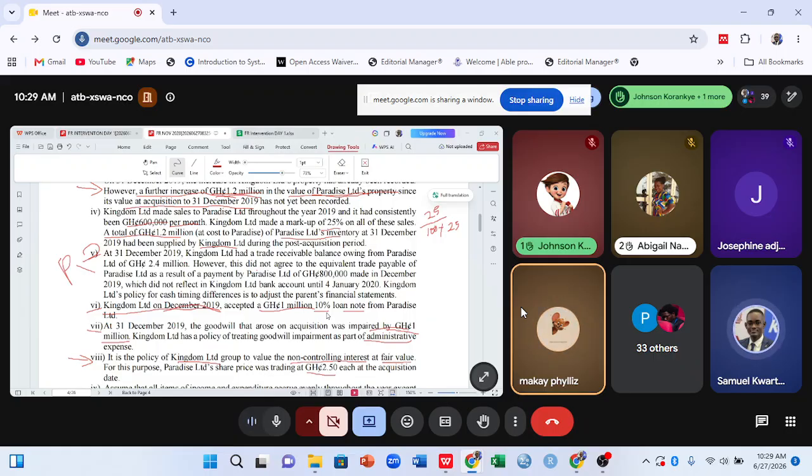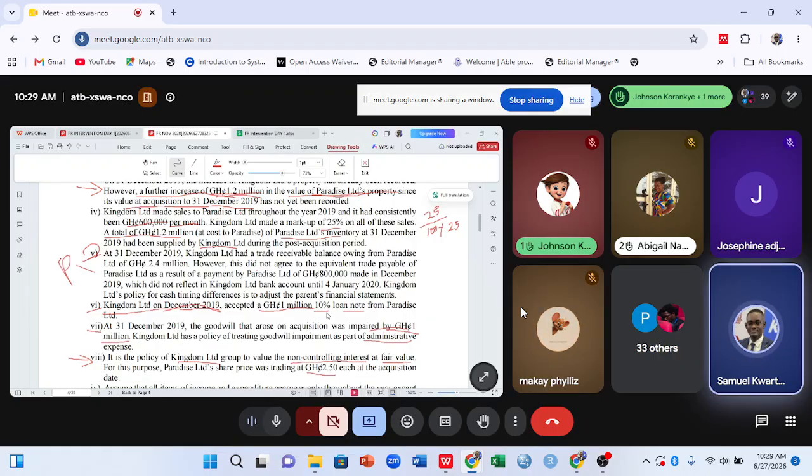So this relates to cash in transit. The question has clearly made you aware that it is cash in transit, because you made mention of the bank accounts. That's one clue. Another thing, you also made mention of cash timing differences. That should let you know it's cash in transit. So we don't have goods in transit, but rather cash in transit. How do we go about this?